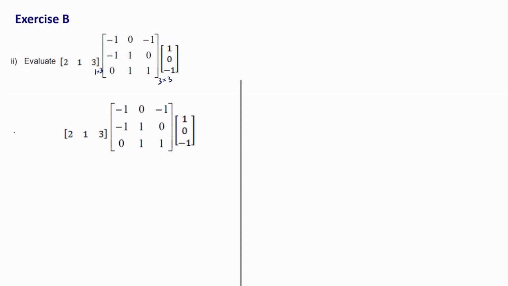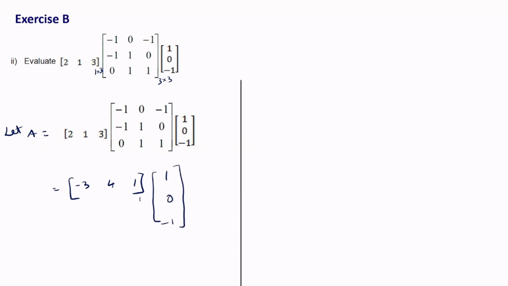So let A equal the given matrix. So this is equal to first row, first column: minus 2, minus 1 plus 0, it is minus 3. Then first row, second column, 0 plus 1 plus 3, 4. Then first row, third column, minus 2 plus 0 plus 3, it is 1. Into 1, 0, minus 1.